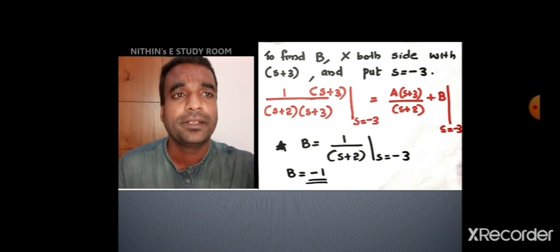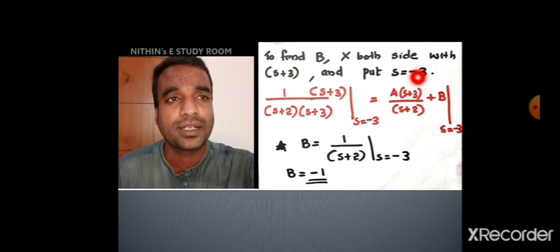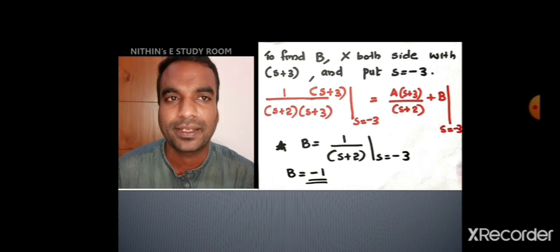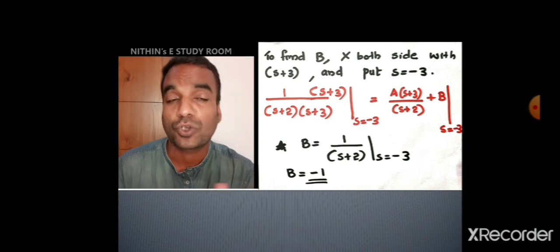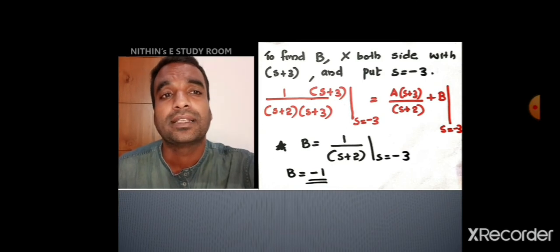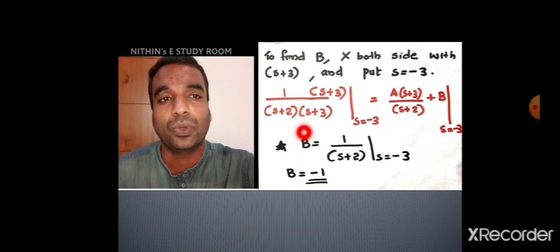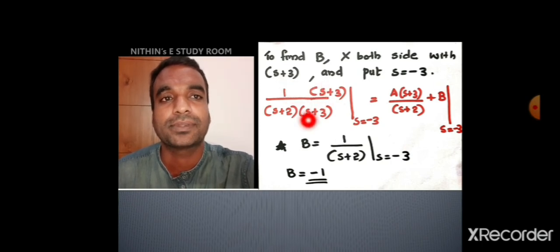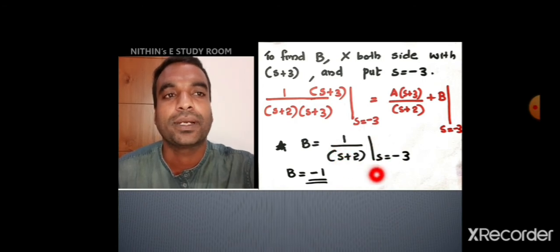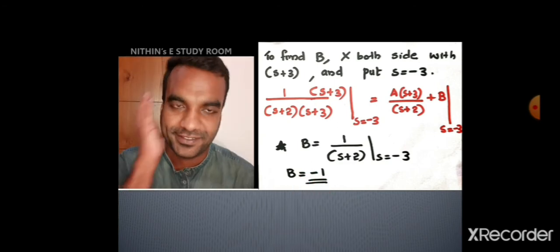And of course if you put minus 3 for this s, that a term will become 0. So on the partial fraction side, the one and only thing remaining is b only. So b is equal to, on the left side, s plus 3 and s plus 3 will get cancelled, only 1 by s plus 2, and put s is equal to minus 3. So you will get b is equal to minus 1.